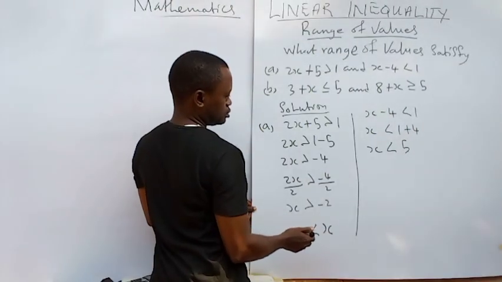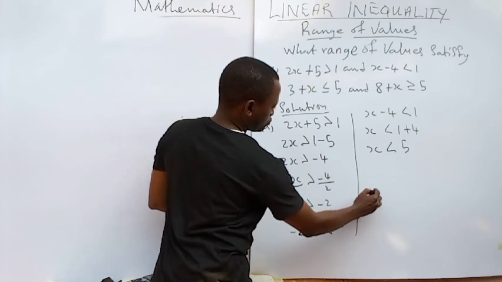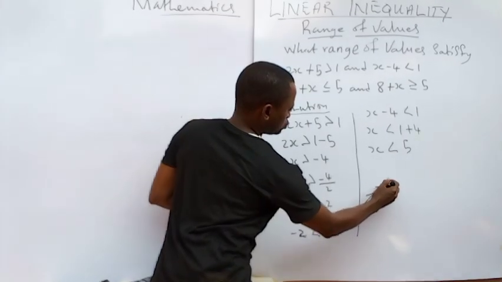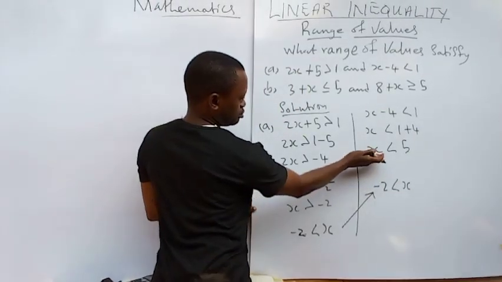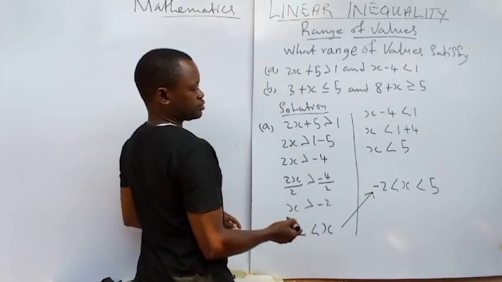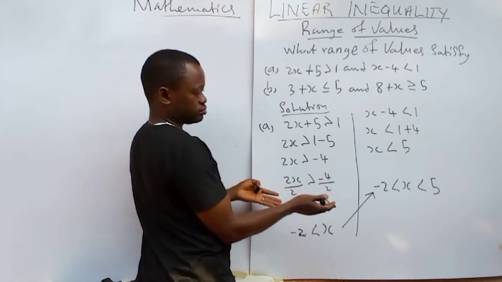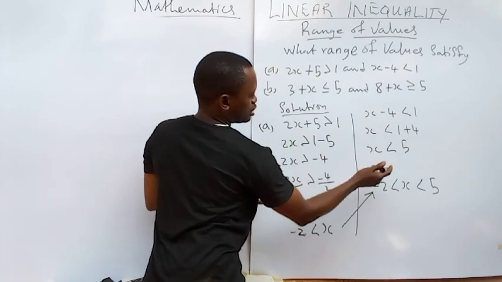And I say yes. So if I bring them together, it then means minus 2 is less than x, and this same x is less than 5. Did you see the way it is presented in a range? So minus 2 is less than x, and that same x is less than 5.